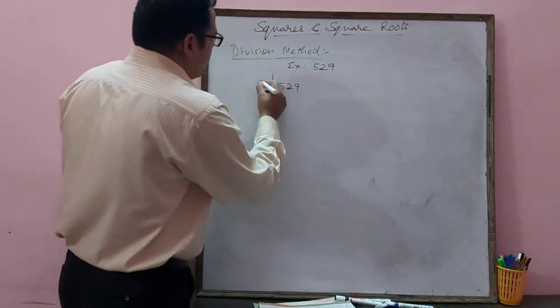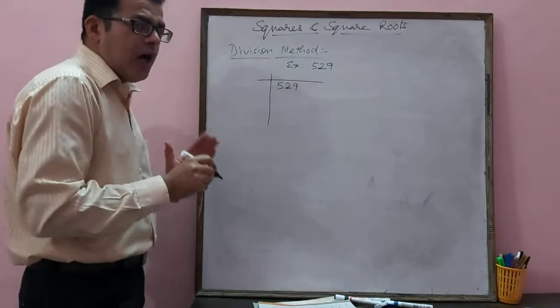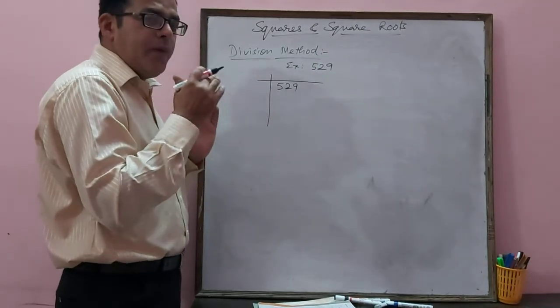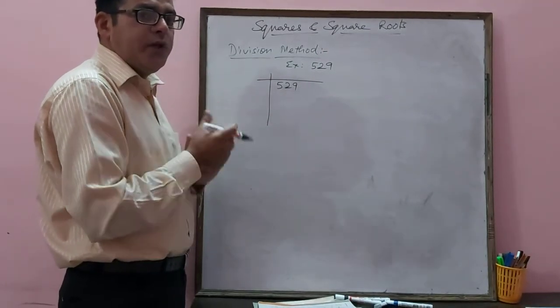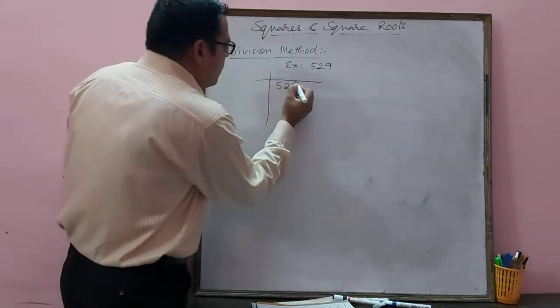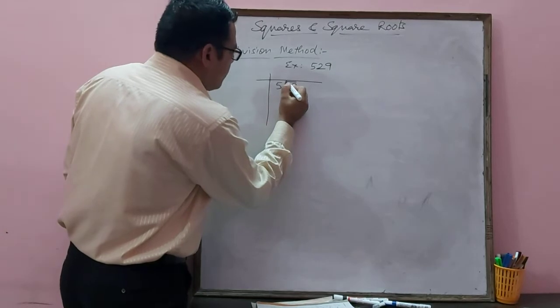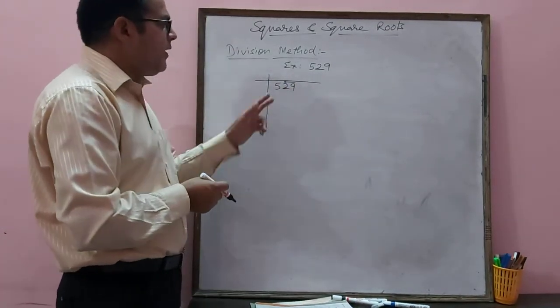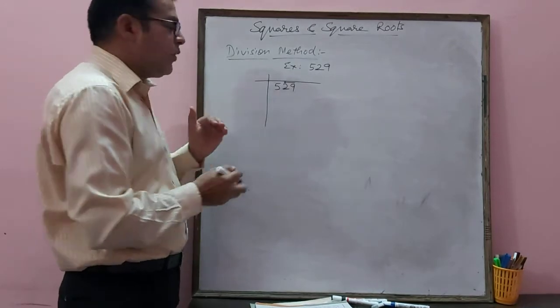First we need to write it in the division format. Now the very first thing that I explained just before, we have to make groups of two digits together, starting from right to left. So this is the first group, 29, and now the second group.